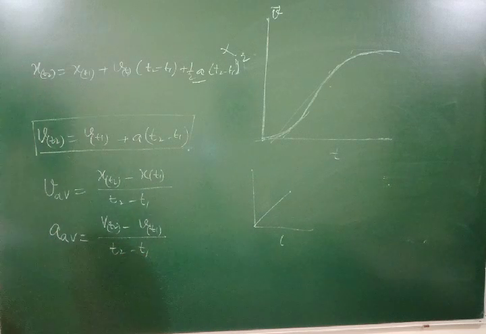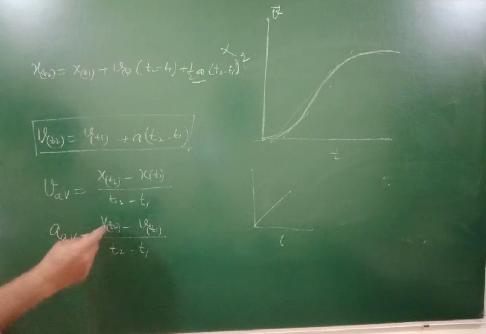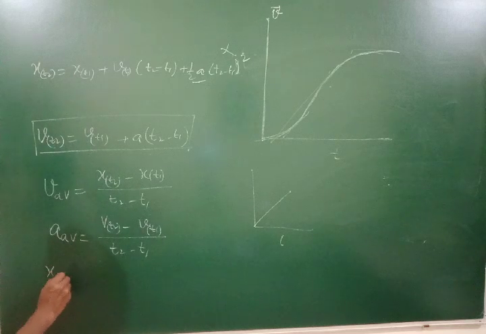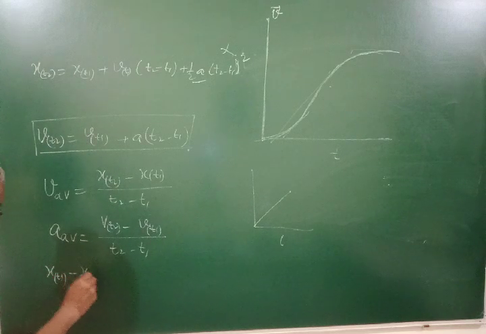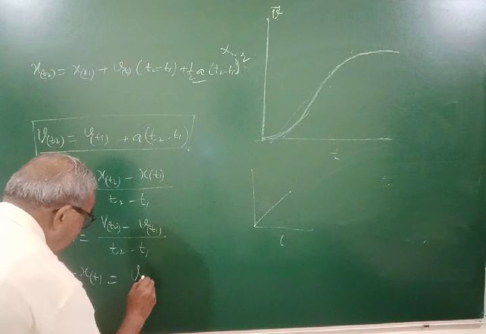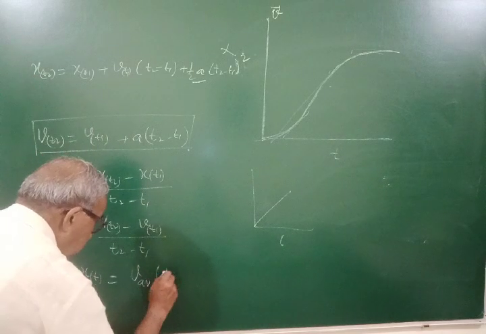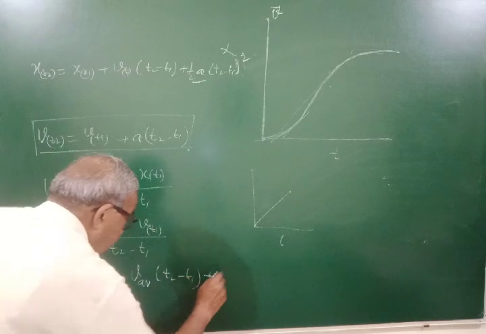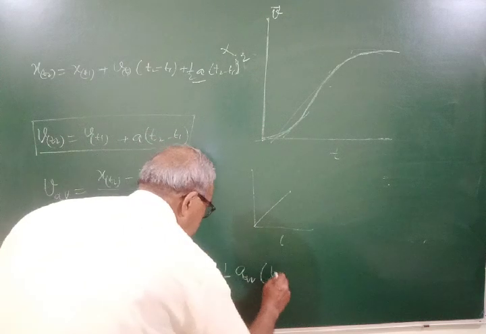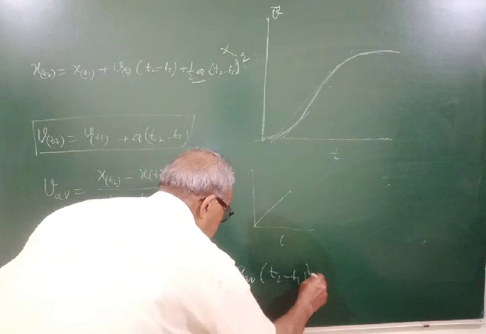This is also true. And then they write here x(t2) minus x(t1) is equal to V average into (t2 minus t1) plus half A average (t2 minus t1) whole square.